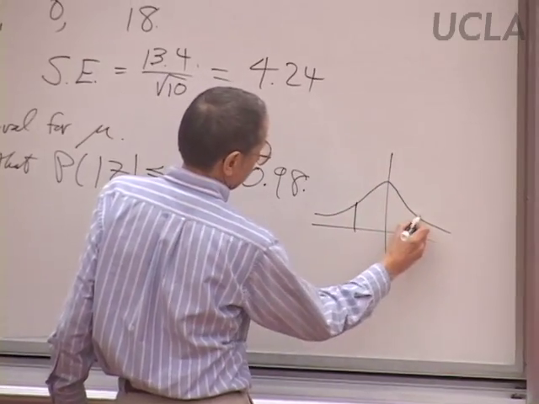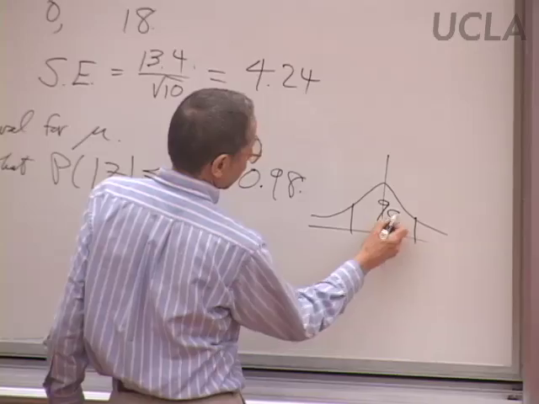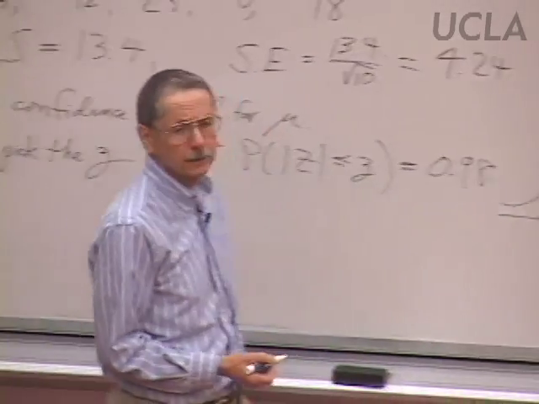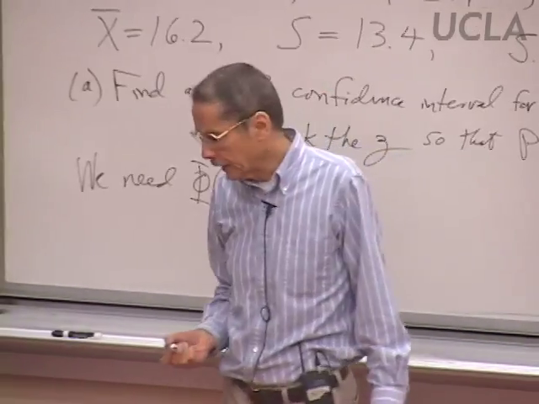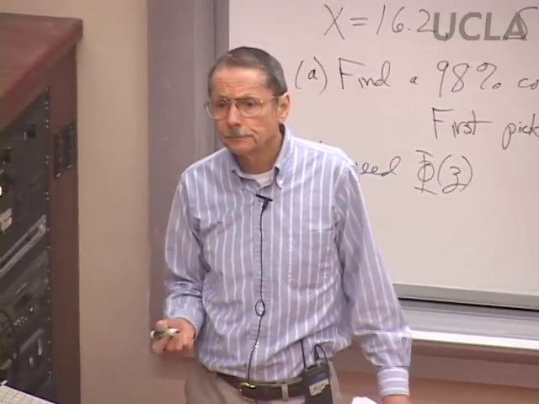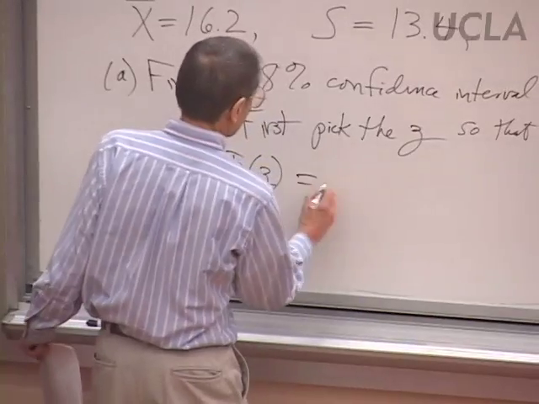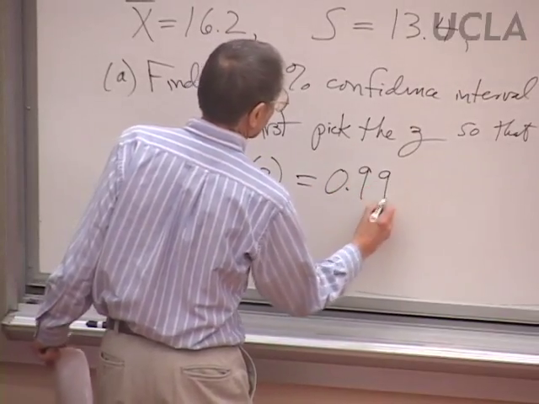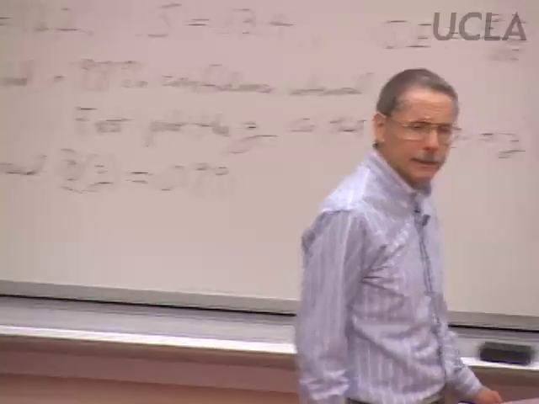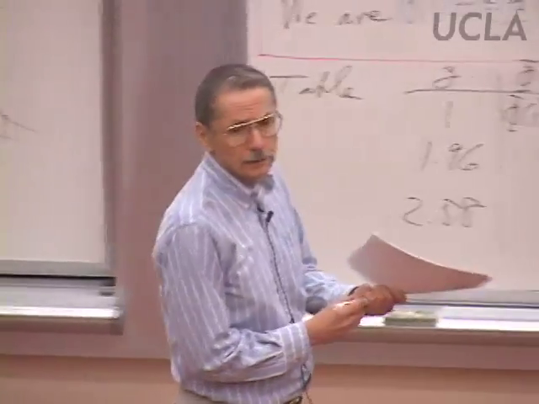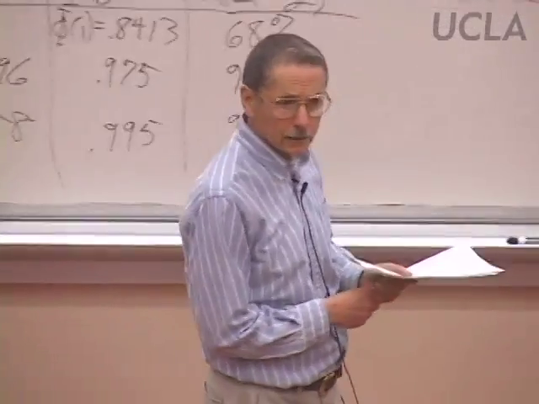Well, this thing in the middle is 98%. The two tails together make up the other 2%. So each tail is 1%. So we need phi of z to be 99%. 98% plus the left tail.